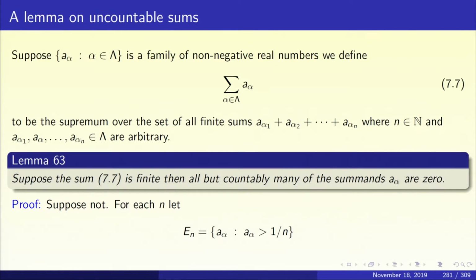So, take the set of all finite sums and then you take the supremum over the set of all finite sums. If this supremum is finite, then you assign this number as the value of 7.7. So, summation A alpha, alpha belongs to lambda, is the supremum of the set of all finite sums A alpha 1 plus A alpha 2 plus etc.